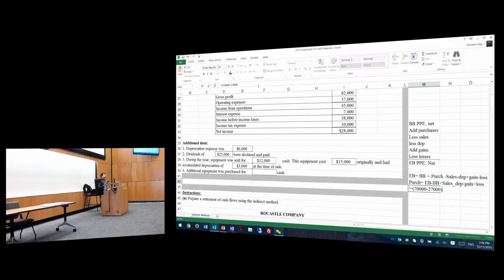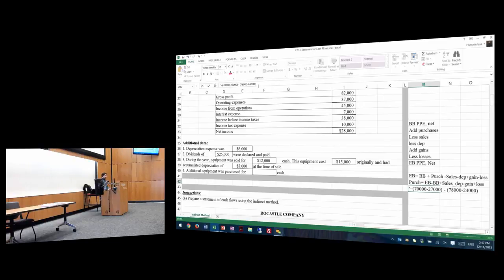Right? This is ending balance. Guys, ending balance is equipment less accumulated depreciation for that year, because we'll talk about it as net. Minus, the second one is beginning balance, is how much? 78,000 minus 24,000.